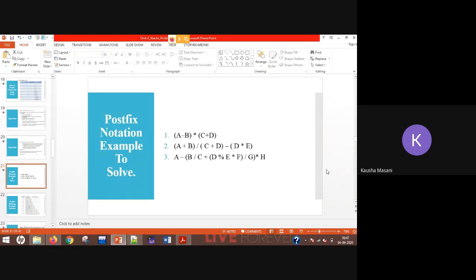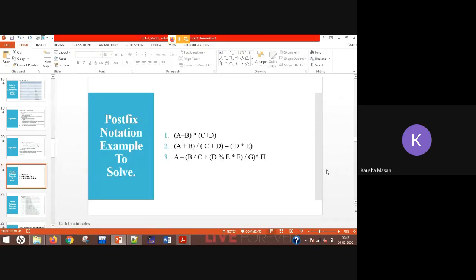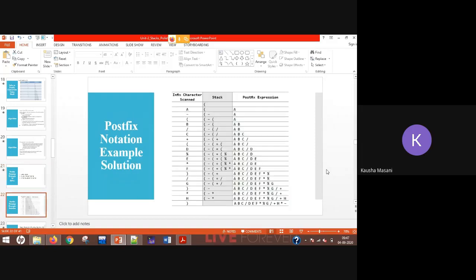And you had solved these 3 examples with the help of your stack method. In the Word file also I had shown you correctly how exactly you are going to do it. This last example, number 3, A minus B divide C, was solved in the Word file, and a picture of that I have included in your PPT for your reference.